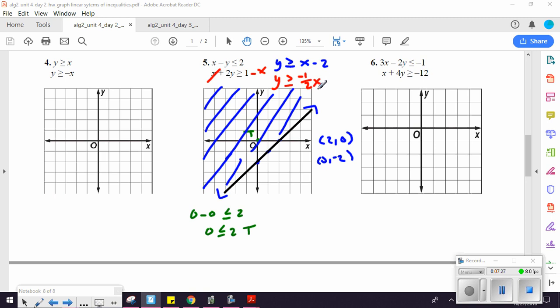And then positive 1 divided by positive 2 is a positive 1 over 2 for my y-intercept. So positive 1/2 is about here. And down 1 over 2 puts me about here. And this again is a solid line.